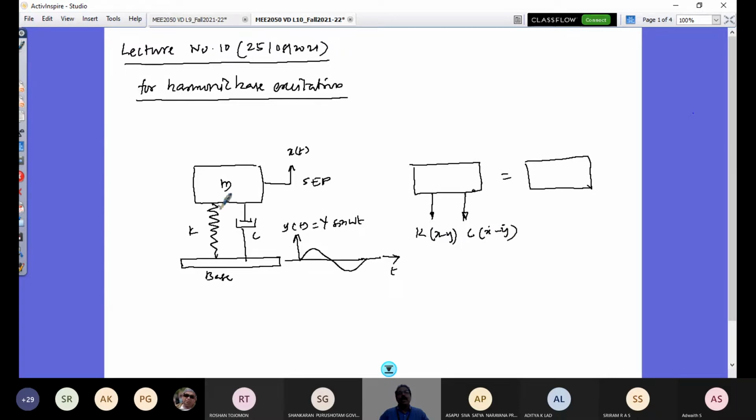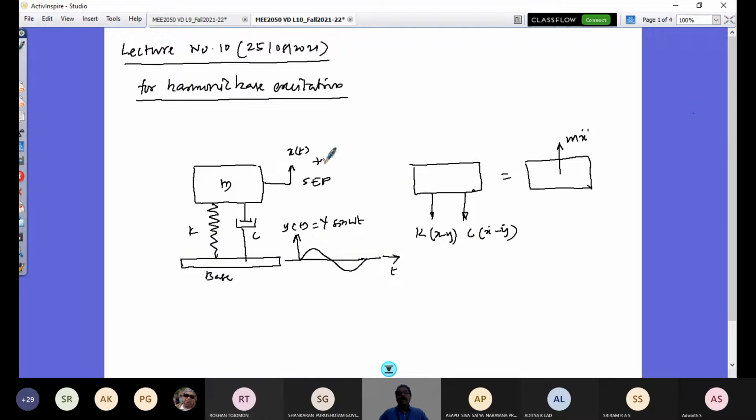So what are x dot and y dot? The ends of the dashpot, upper and bottom, one is connected to the mass, another one is connected to the base or road surface. So there is a relative velocity, and that would be causing this force. And this is going to be equal to m x double dot.